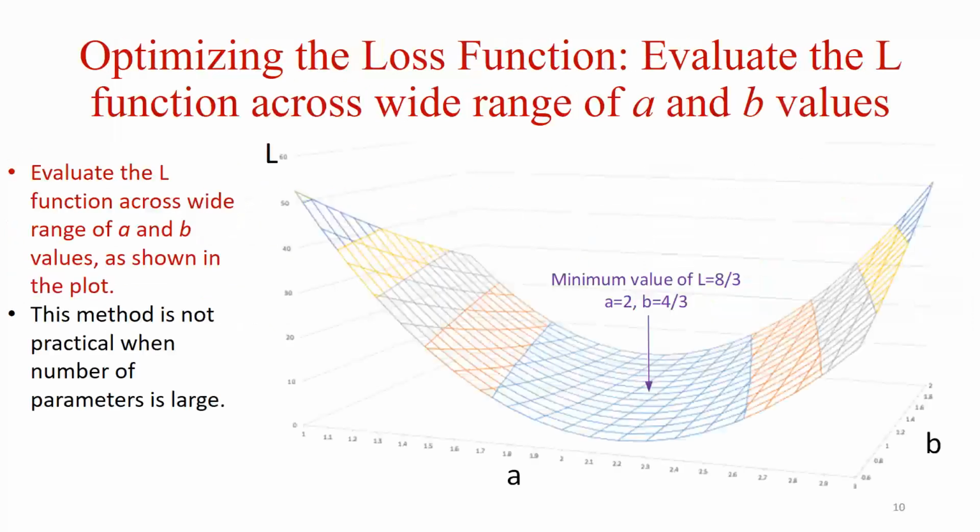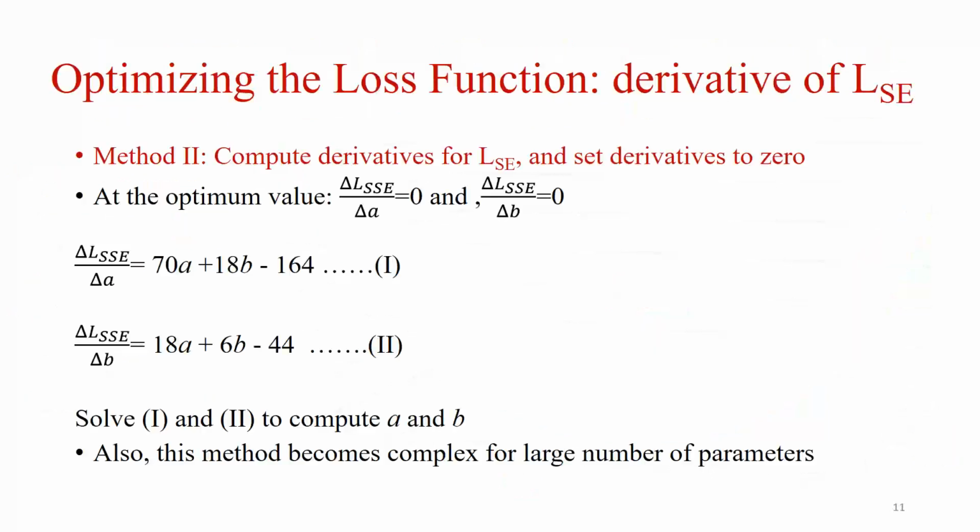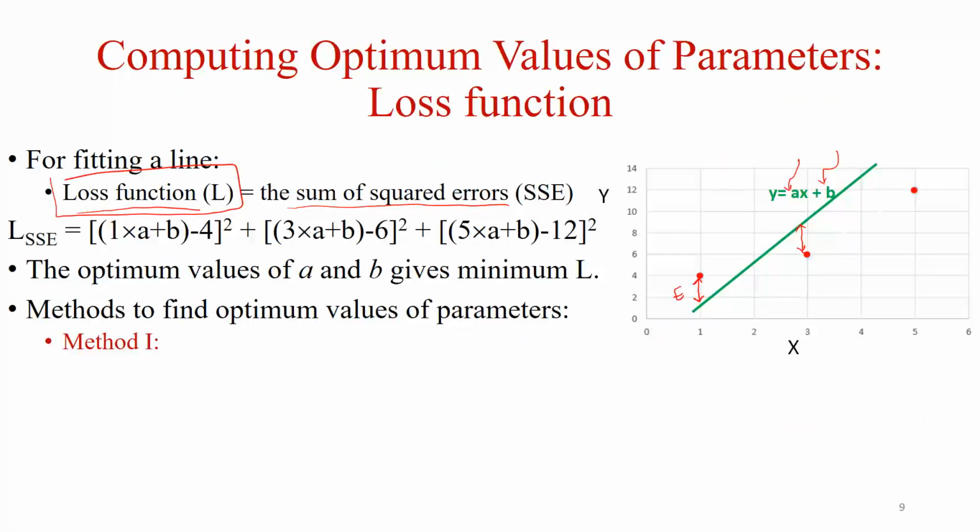So one method to find the optimum A and B is to plot different values of A and B and generate a plot. Because right here we have an expression for the loss function.